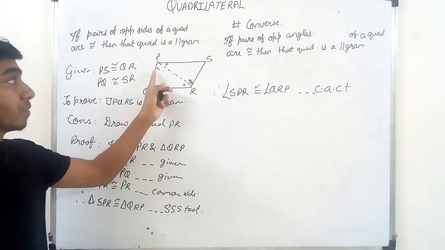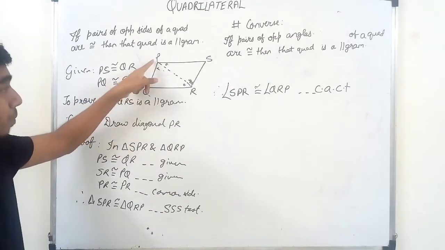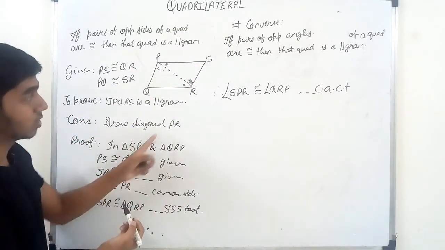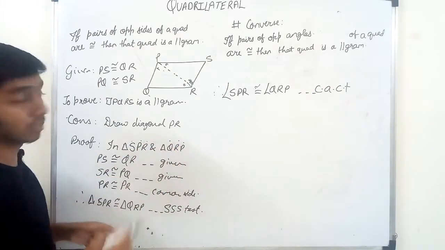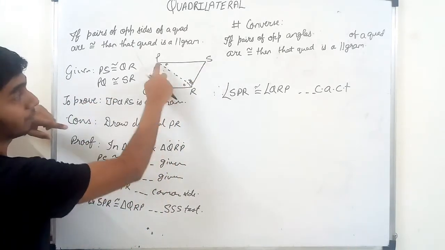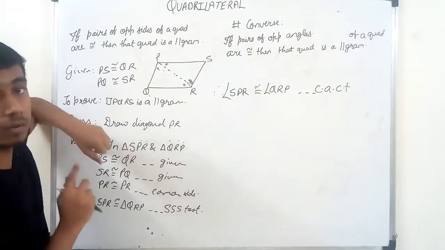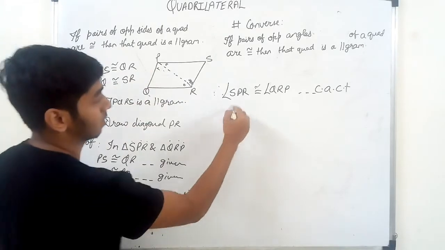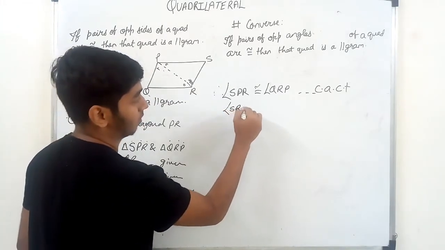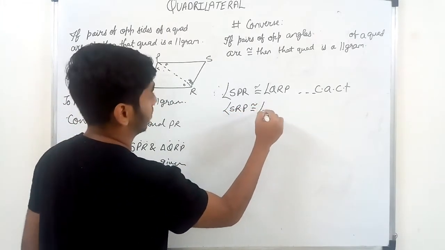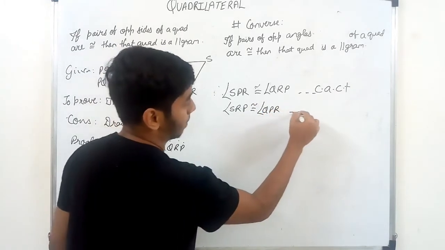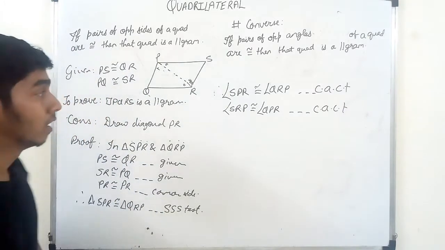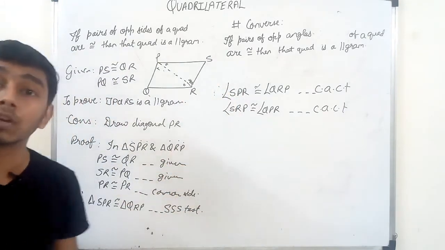And can we say that SRP is congruent to QPR? Yes or no? So from this itself we can figure out SRP is congruent to QPR, again by CPCT. Yes or no? So we have got the alternate angles to be congruent.